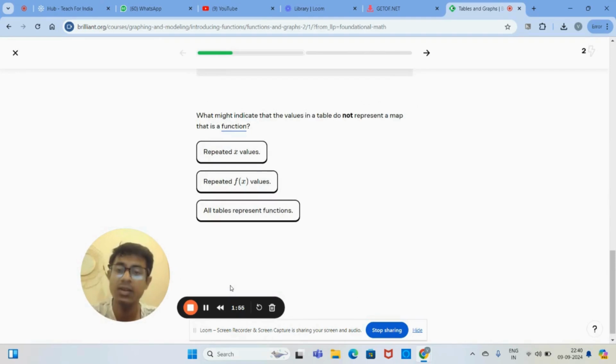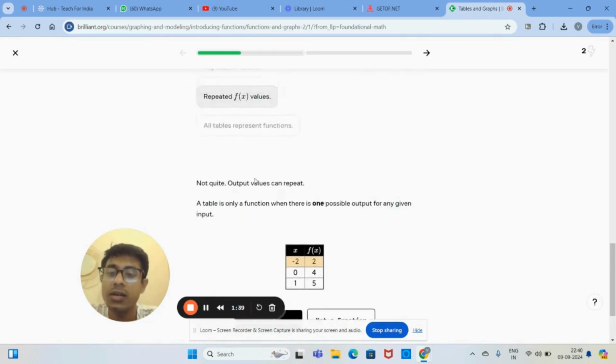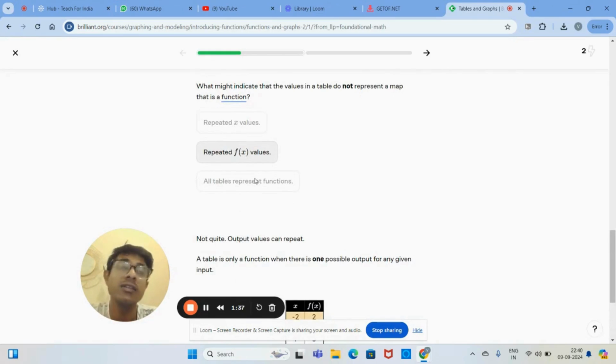Now, here it says what might indicate that the values in the table do not represent a map, that is a function. If you recall, we have already discussed that we cannot have multiple outputs for a single input. We can have repeated outputs, but we cannot have repeated input values.